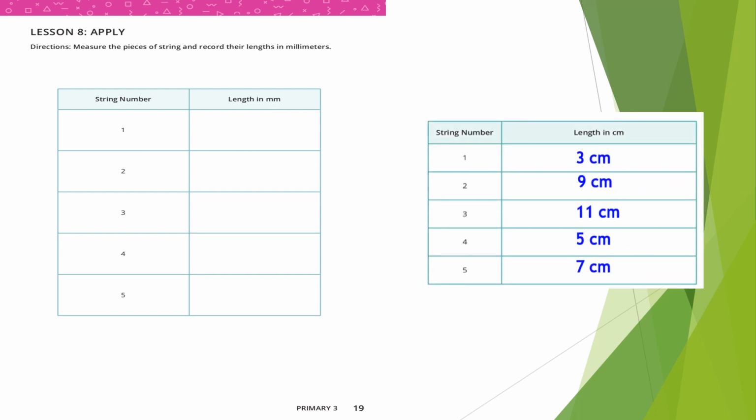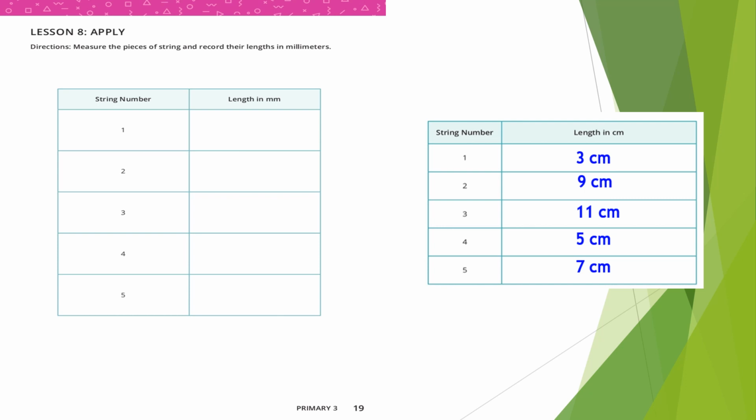Lesson 8. Measure the pieces of string and record their length in millimeter. We before measured it and it was the first one 3 centimeter, the next 9, and the next 11, 5, 7. How to convert from centimeter to millimeter?